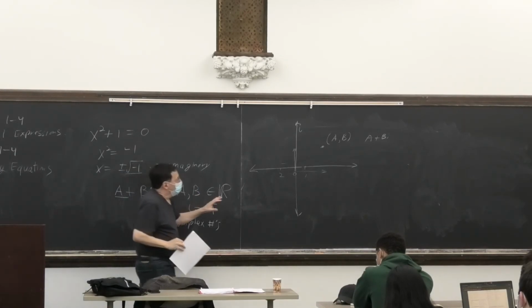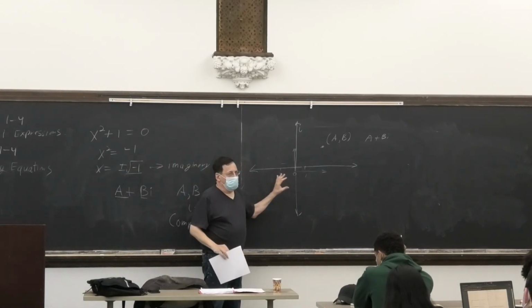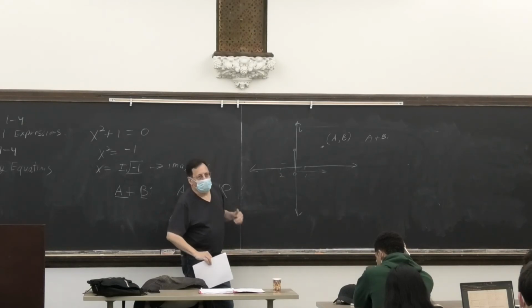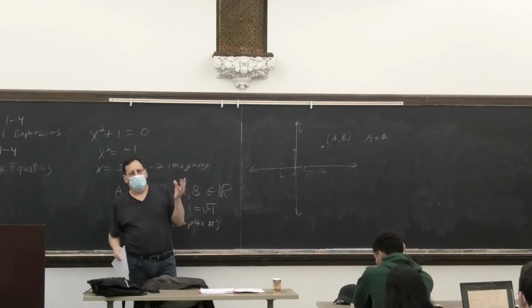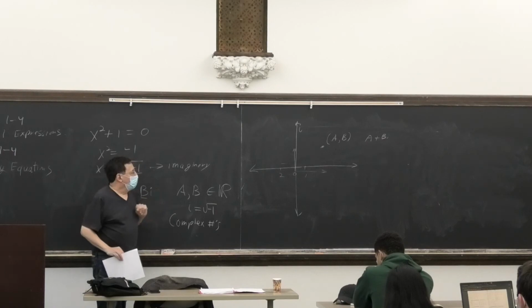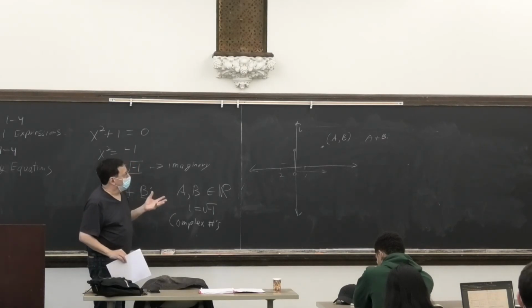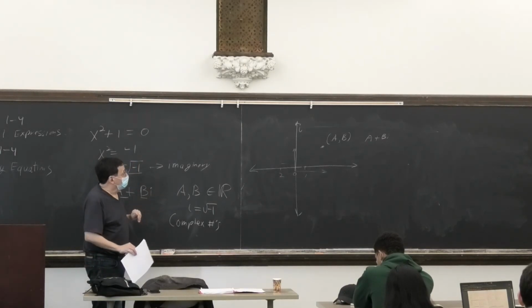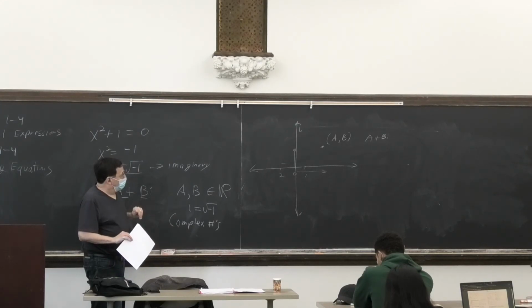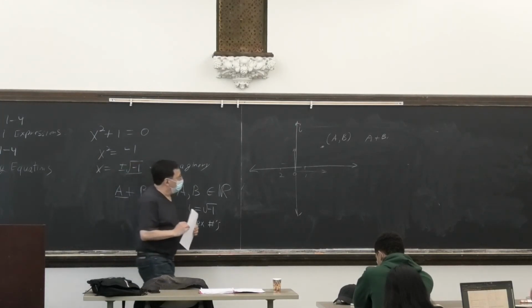Now, complex numbers are, in some ways, a little different from real numbers. We're going to be able to multiply them, add them, subtract them, divide them, do all sorts of things, find their square roots. However, there's one notable thing that's really different.